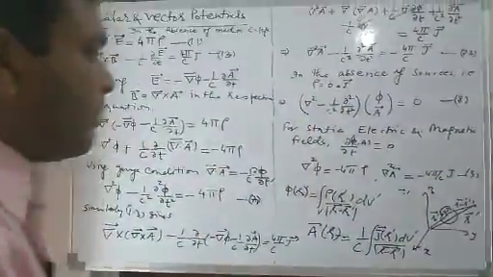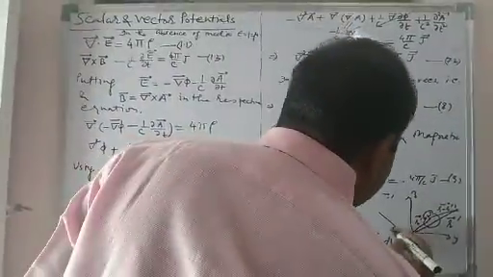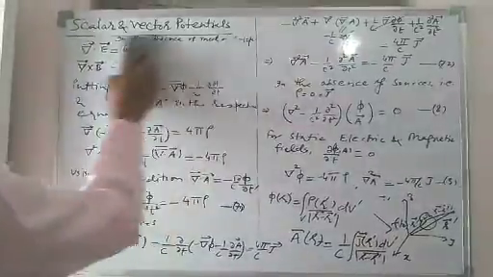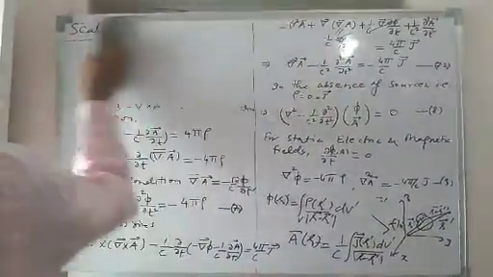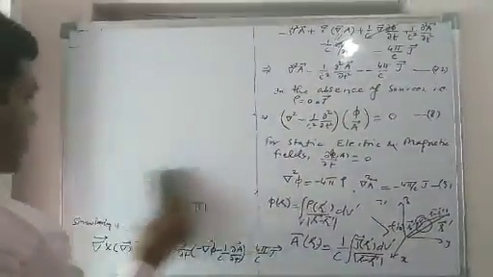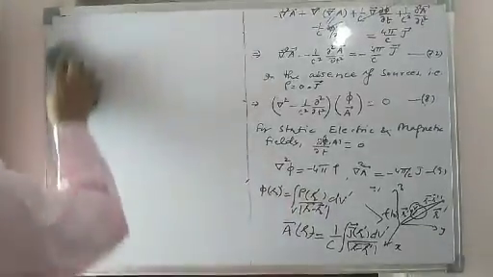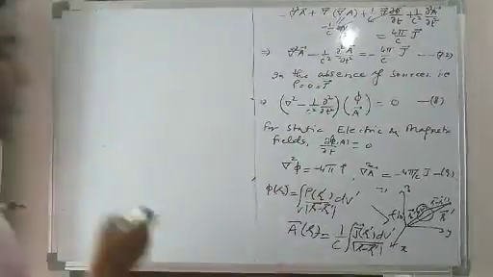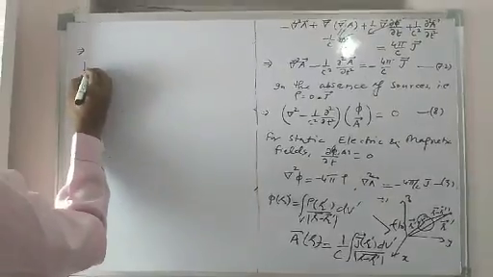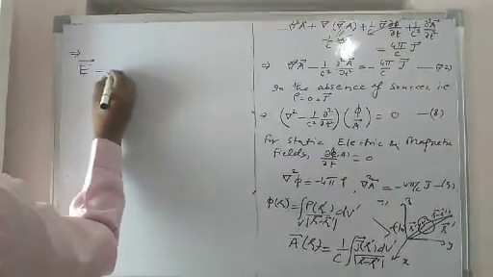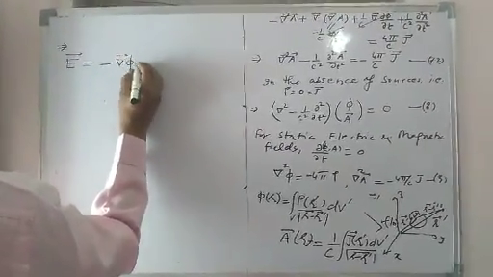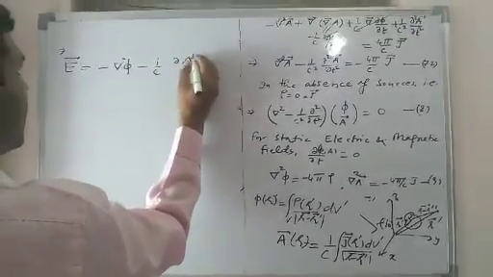Now suppose somebody asks you for the value of the electric field. You could write even those values as well. So for the sake of completeness, let me write the value of E. The electric field is minus gradient of φ minus 1 over c ∂A/∂t.